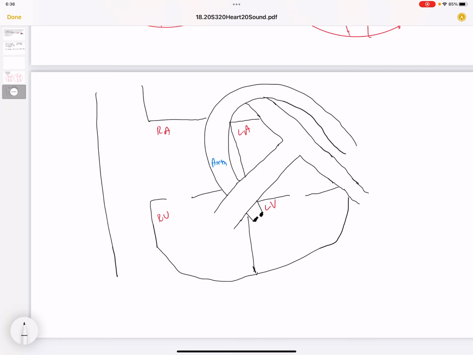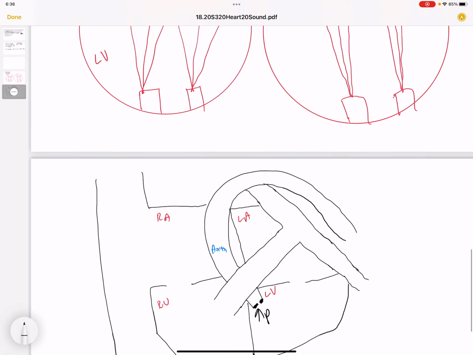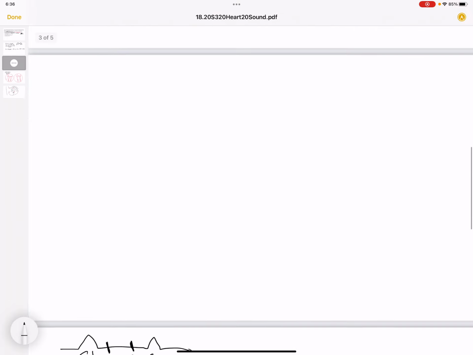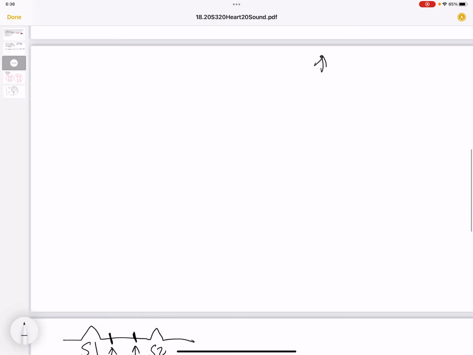That is going to increase the pressure found within the left ventricle. And when we have an increase in pressure, that is going to result in hypertrophy of the left ventricle. So an increase in pressure results in something called concentric hypertrophy of the left ventricle.